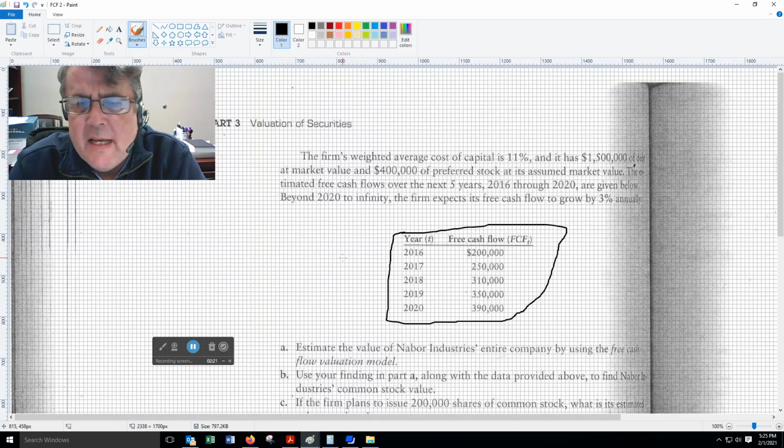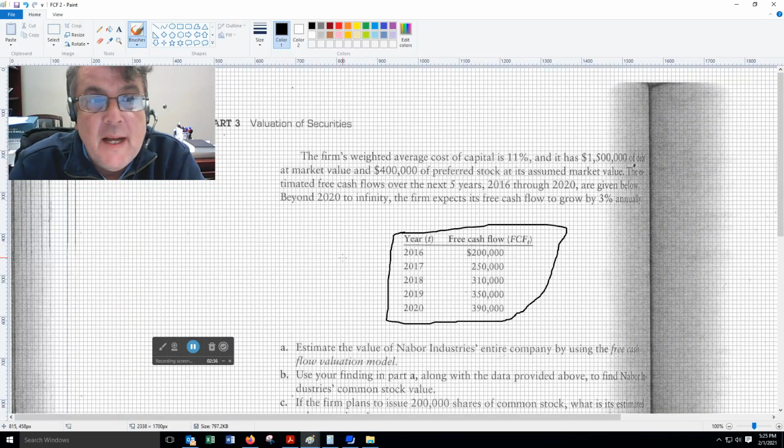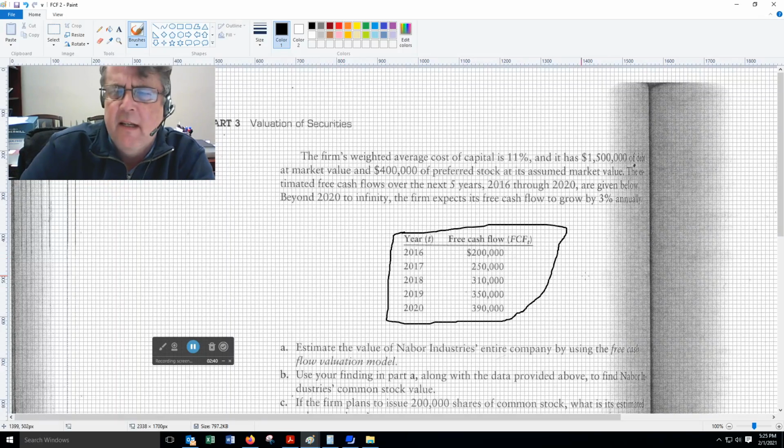And then after the 5-year period, we assume that these free cash flows will grow at some fixed annual rate. And in this case, that's 3%.